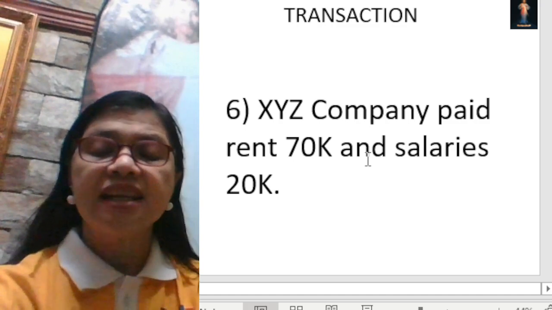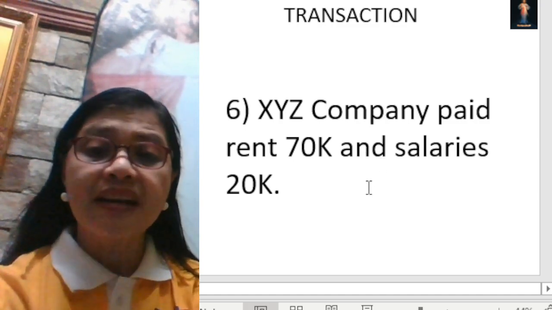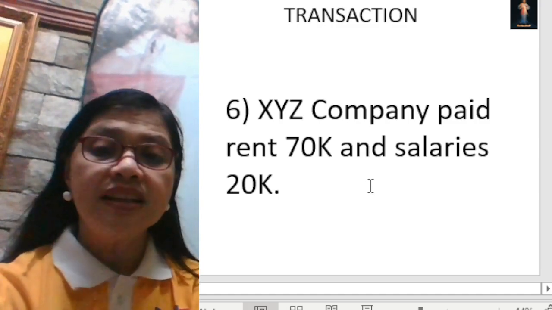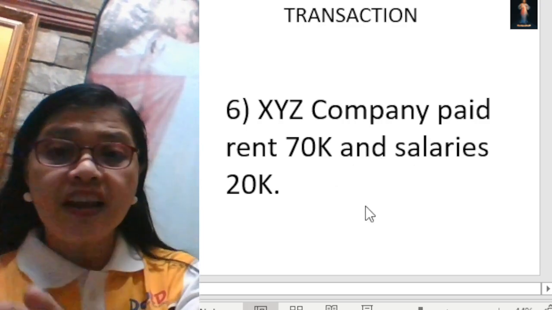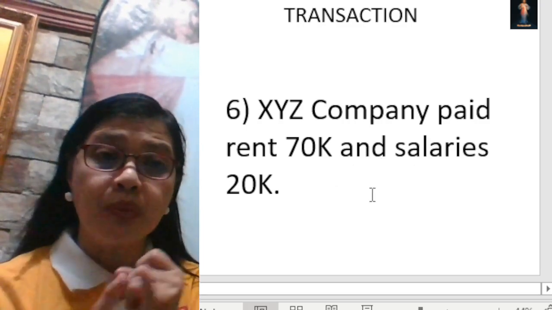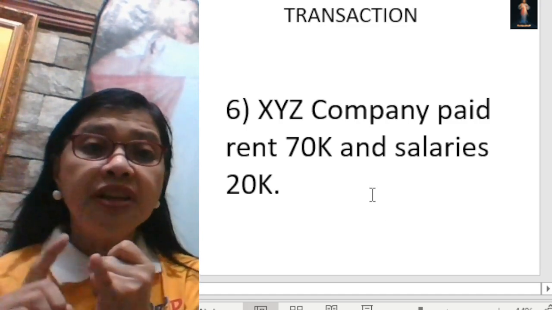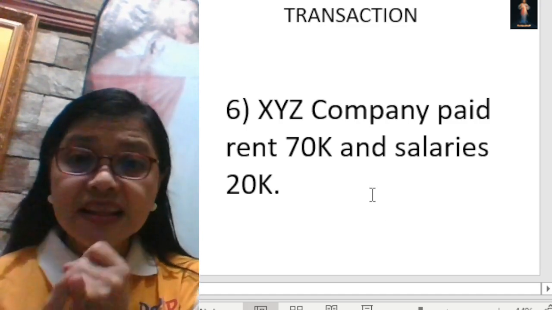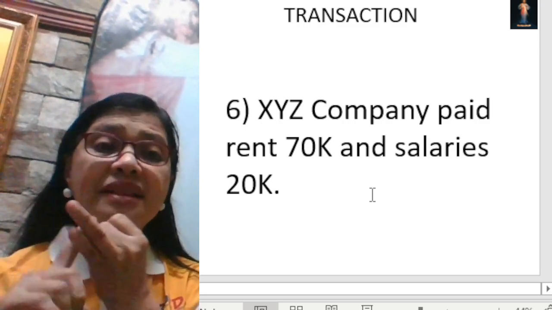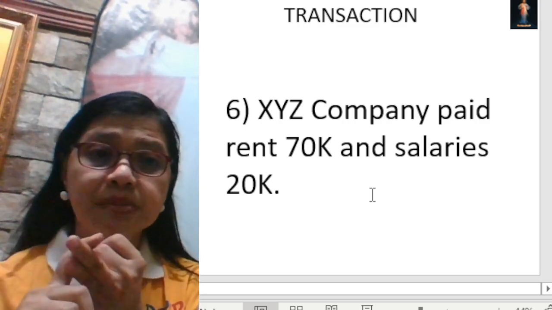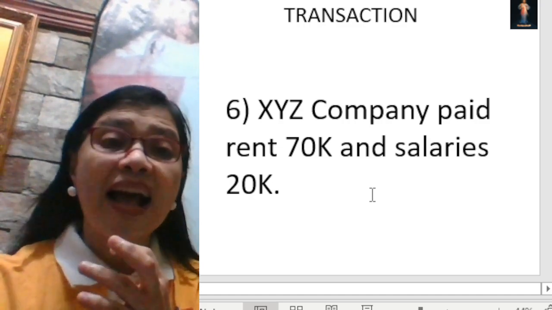Next, number 6. XYZ Company paid rent 70,000 and salaries 20,000. So what are the effects of this transaction? Number 1, you incurred expenses, rent expense and salaries expense. So when you paid the salaries and the rent, you disbursed cash.